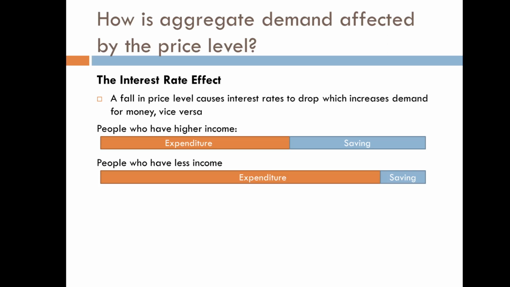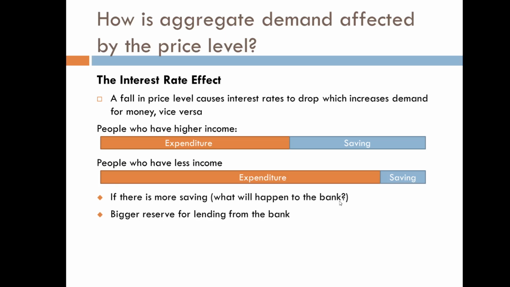You are going to make your interest rates lower to attract more people, because as a bank, you earn profit from lending money. So if there's more saving, there will be a bigger reserve for lending from the bank, and because of that, they are going to lower the interest rate.